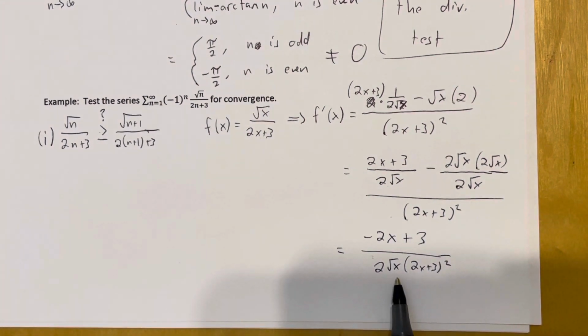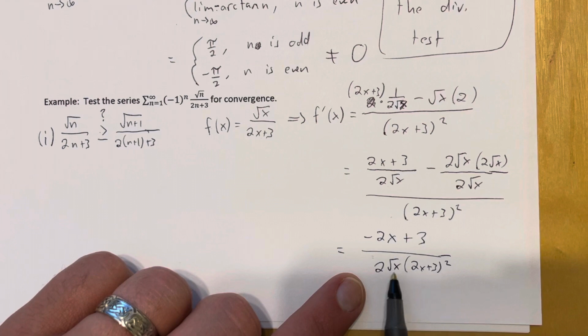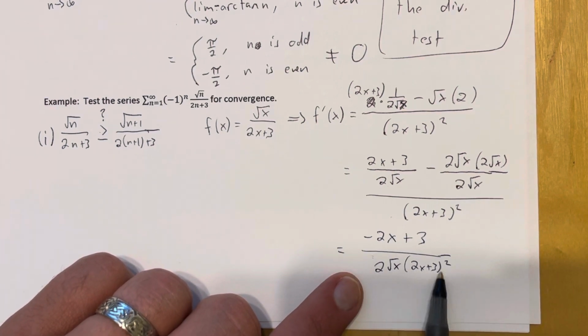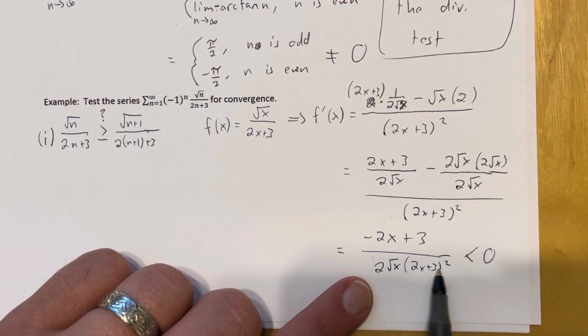Now, is this a decreasing function on the interval from 1 to infinity? Let's do this a little bit differently. When is this thing negative? Notice that my denominator is only ever positive, right? I want to know when it's negative. This is only ever positive.